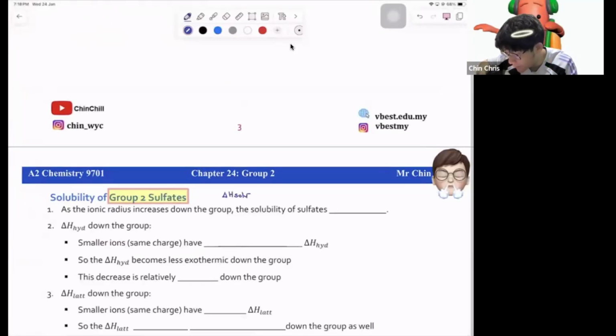Guys, remember this formula? Delta H solution equals delta H hydration minus something. Can anyone tell me, minus what? Now you need to know this equation. This equation is very important. Delta H hydration minus what is the something?